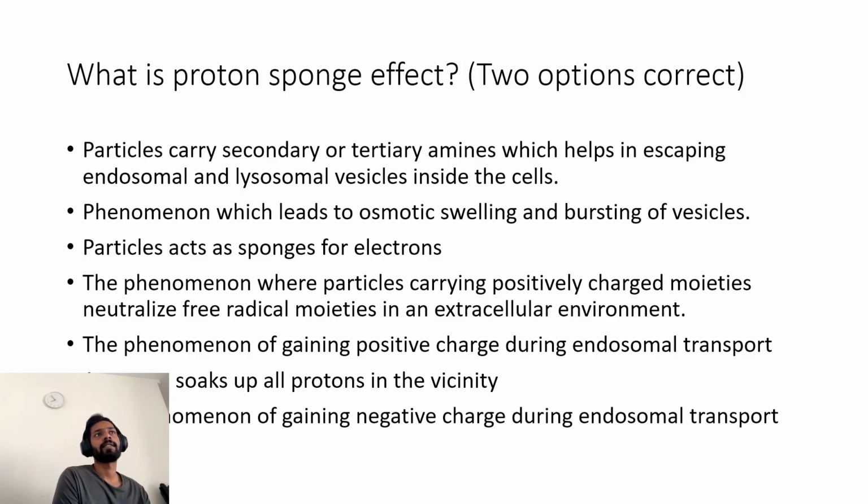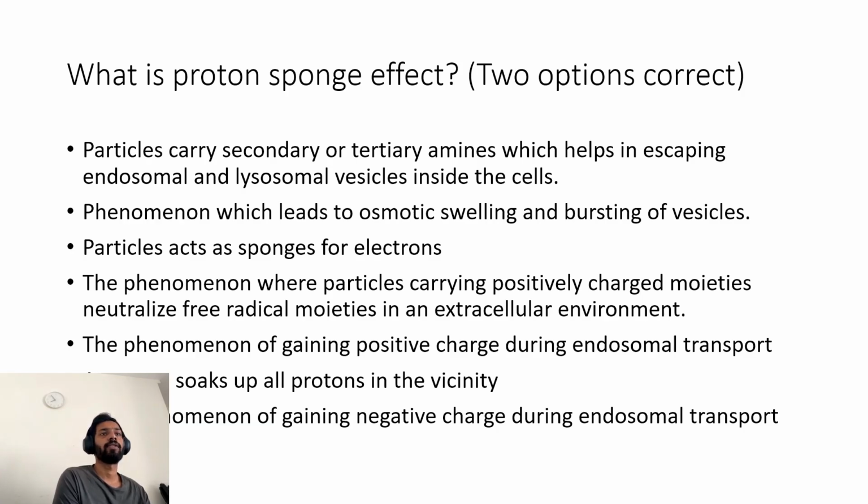Is it the case that the particles carry secondary or tertiary amines which help in escaping endosomal and lysosomal vesicles inside the cells? Or the phenomenon which leads to osmotic swelling and bursting of the vesicles? Or particles act as sponges for electrons?